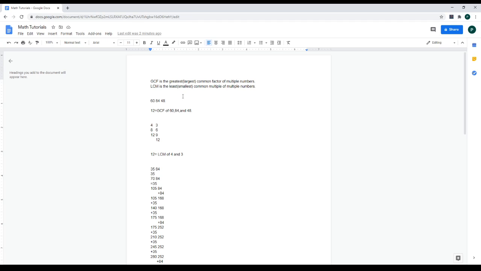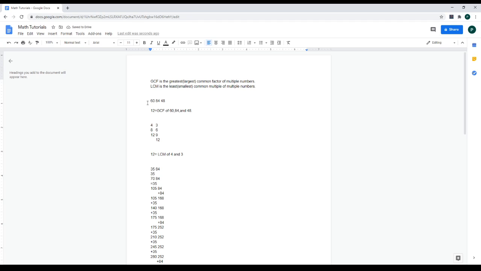Next, you take the second largest factor of the smallest number. That would be 24, which also doesn't work because 60 divided by 24 is 2.5, which is not a whole number, and greatest common factors have to be whole numbers.